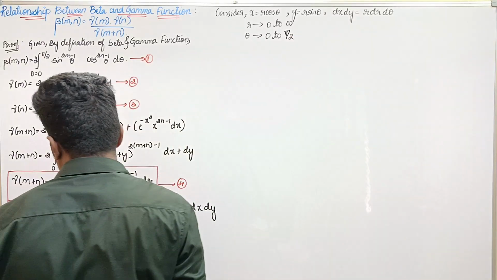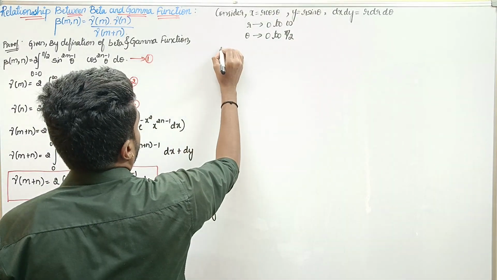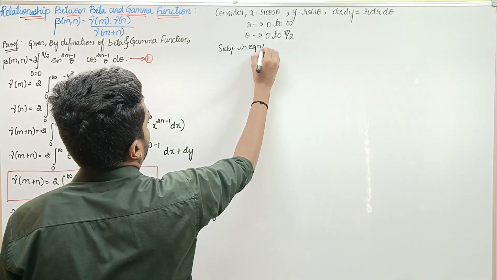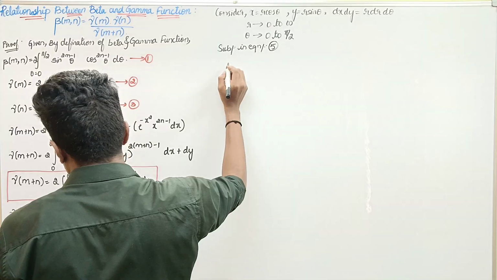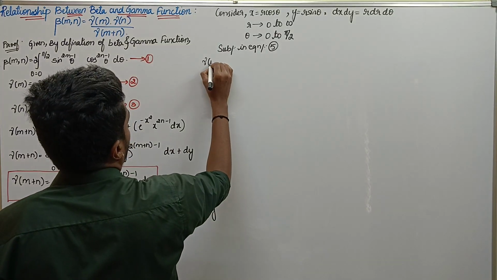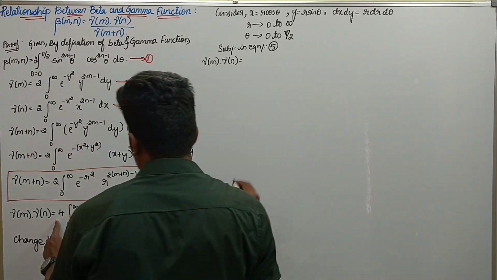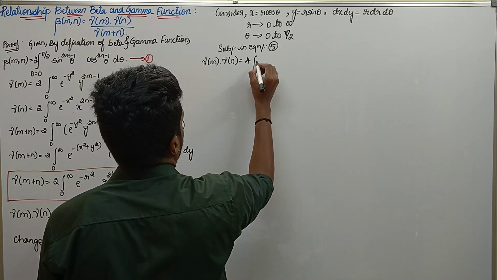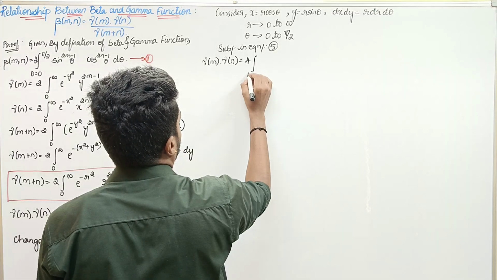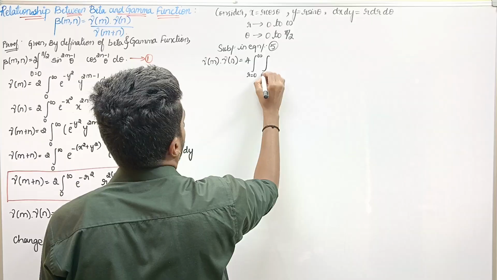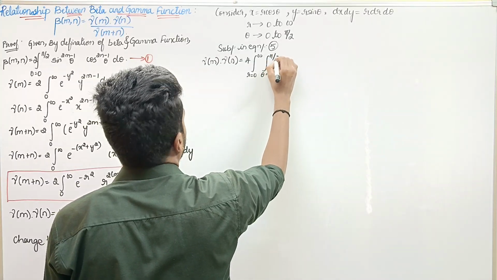Now let us substitute in equation number 5. Gamma of m into gamma of n is equal to 4 into the integral with respect to radius 0 to infinity and theta 0 to pi by 2.